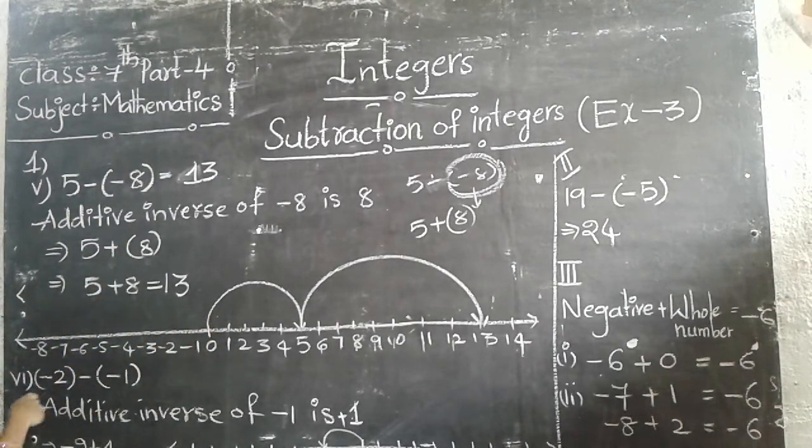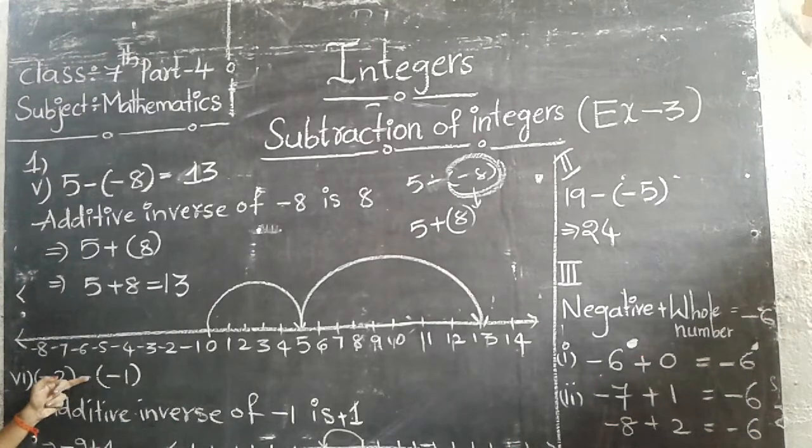In the same way, sixth one is minus 2 minus of minus 1. So how do we have to do? First, this sign we have to change into addition. Here minus is there, we have to write plus. The remaining digit we write as it is, minus 2.